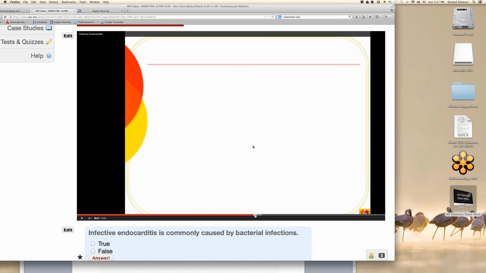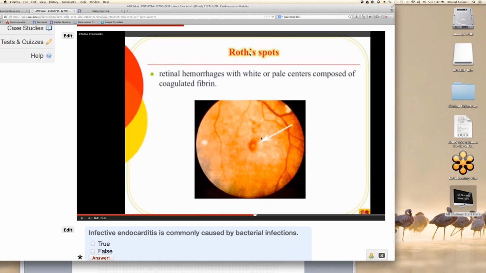Okay, and then the last one is Roth spots, which are basically hemorrhage in the retina. And also it's correlated with endocarditis. Now, these are more of memorization, because even the mechanism is not fully understood in these cases. There are some theories. So an NCLEX question about this would be, which of the following is not seen in endocarditis, for example?